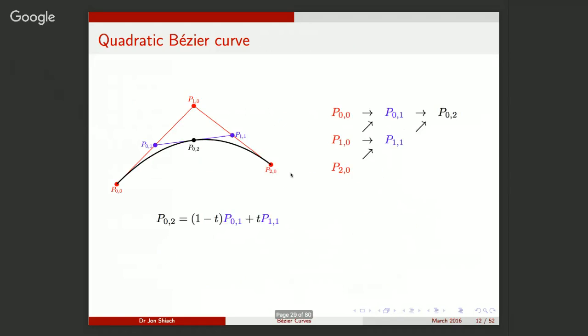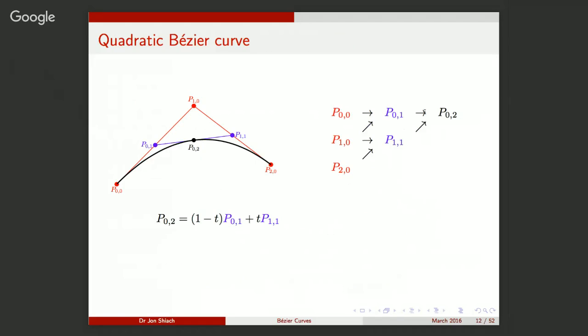Okay, so we want to find P02. Well, P02 is a combination of P01 and P11. Remember these are Q0 and Q1. So the horizontal arrow denotes multiplied by 1 minus t. The diagonal arrow denotes multiplied by t.